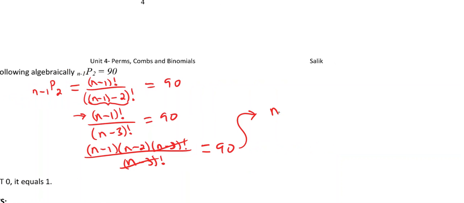So we've got n minus 1 times n minus 2 is equal to 90. And we'll expand that out, so we get n squared minus 3n plus 2 is equal to 90.